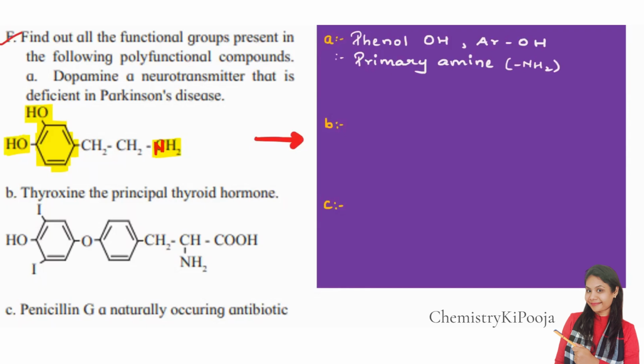Coming to B question, thyroxine, the principal thyroid hormone. Now, when I again look into the functional groups, what all functional groups are present? This OH group attached to benzene is again a phenolic group, phenolic OH.